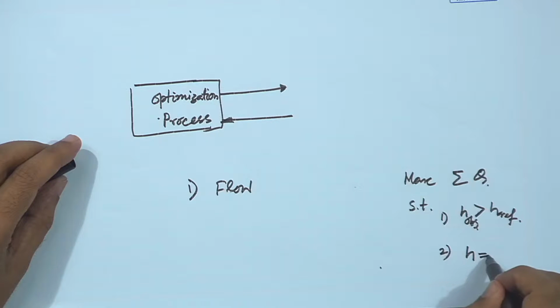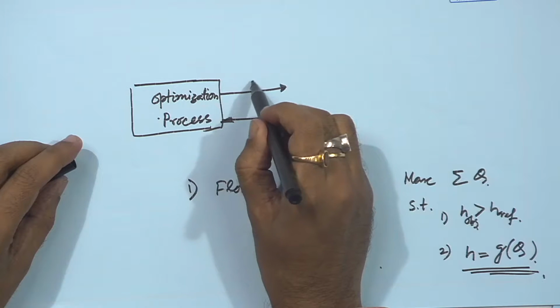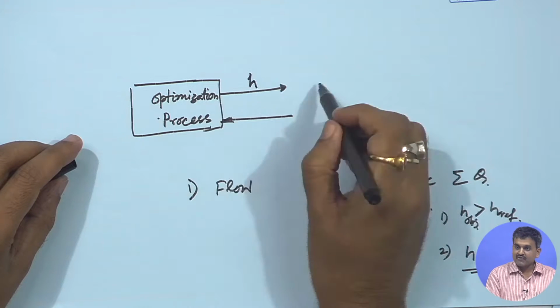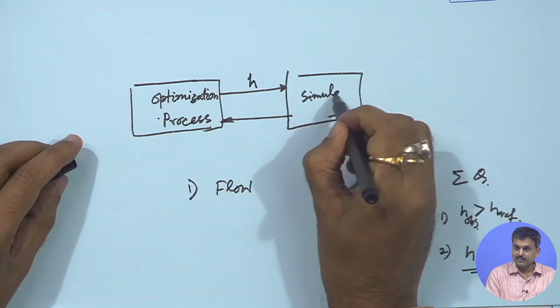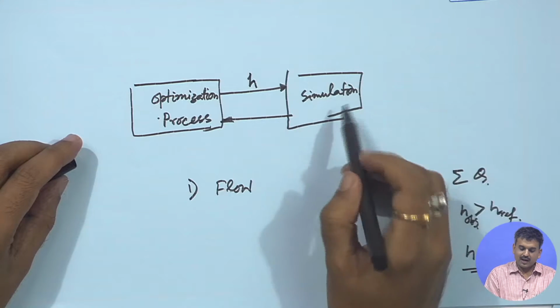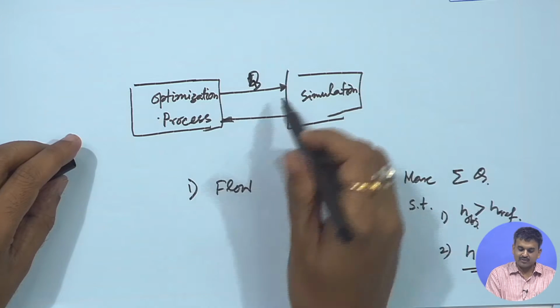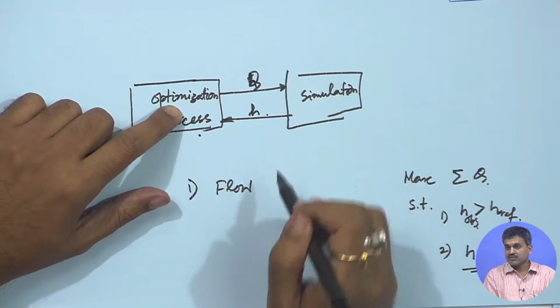Output is H, which is a function of Q. In mathematical form, I have written it like this, but in this algorithm process, you have to input this Q value to the simulation model, and it will give you the H value for constraint calculation.